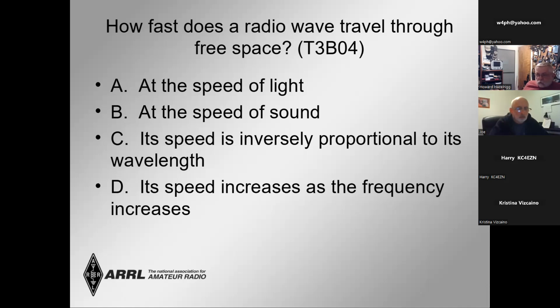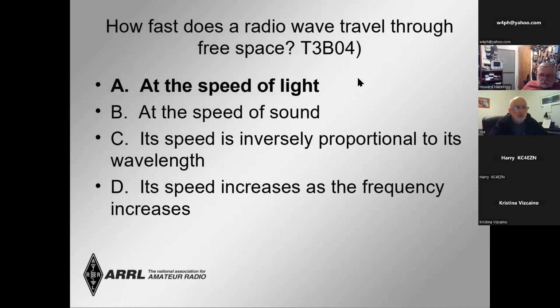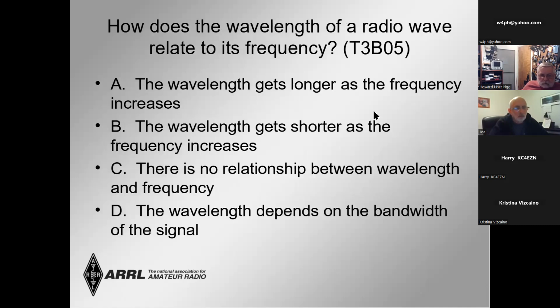That's true, but it doesn't tell you what that speed is. And as the speed increases, as the frequency decreases, no, that's not true at all. And the speed of sound is a lot slower than the speed of light, somewhere in the neighborhood of 700 miles an hour.